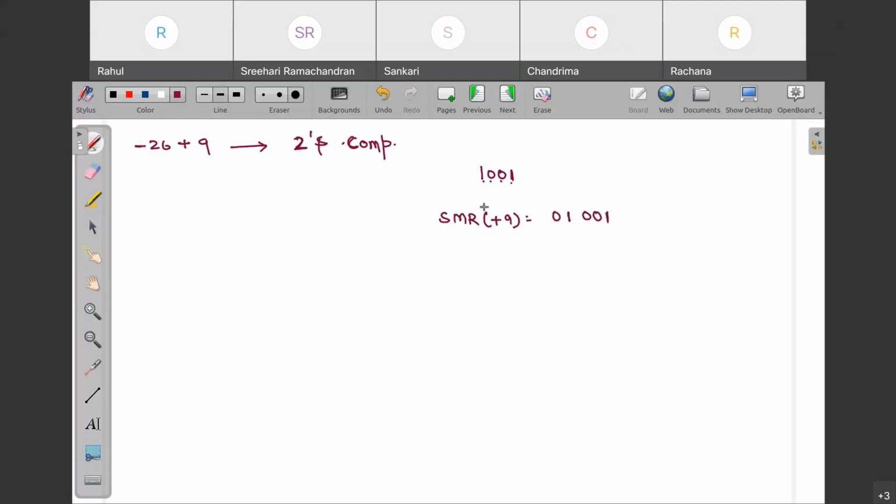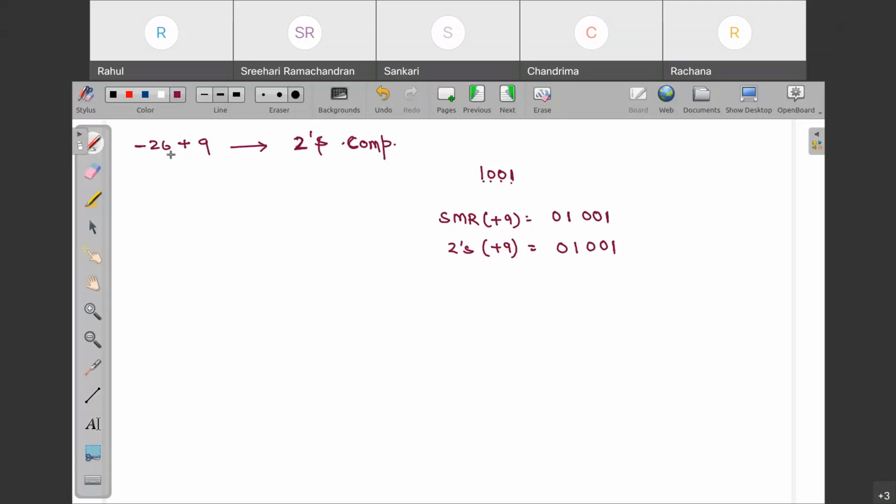Now I told you for positive number, sign magnitude, 1's complement, 2's complement, it will remain the same. So even 2's complement for +9, it will be 0, 1, 0, 0, 1.